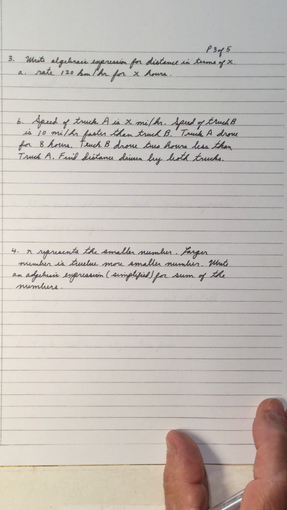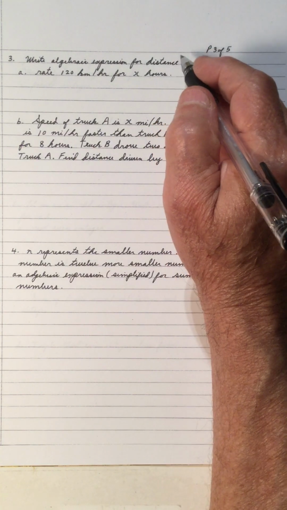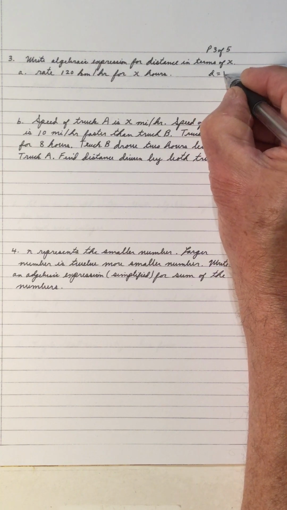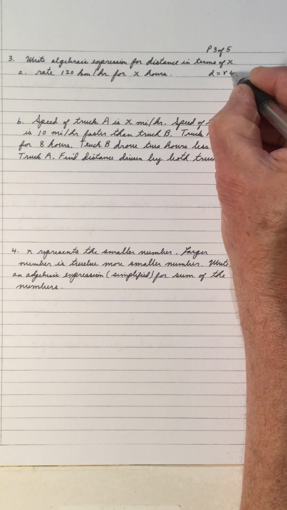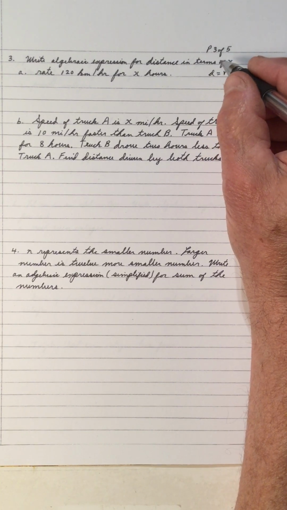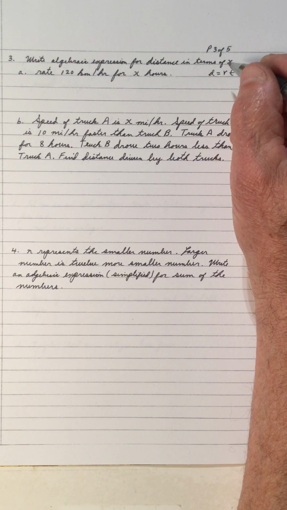Let's continue. Write an algebraic expression for distance in terms of time. Remember, distance is equal to rate times time. So distance is in terms of x.